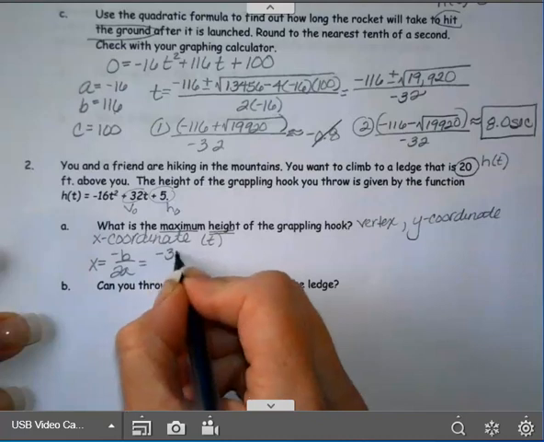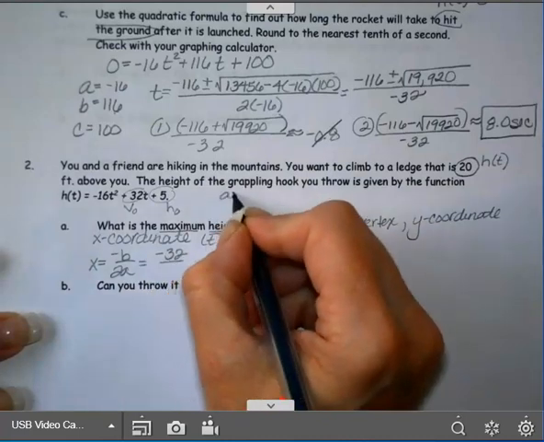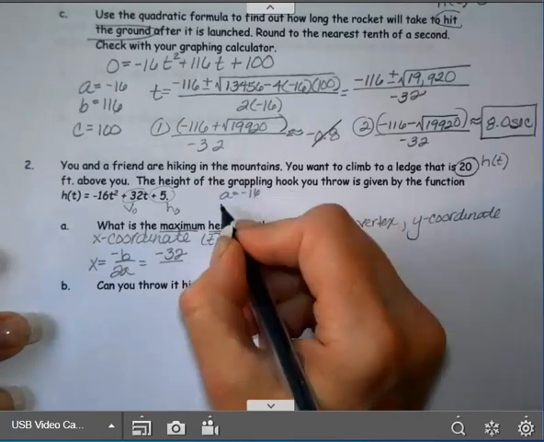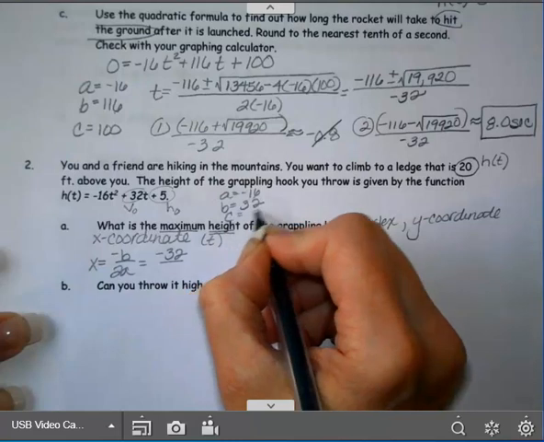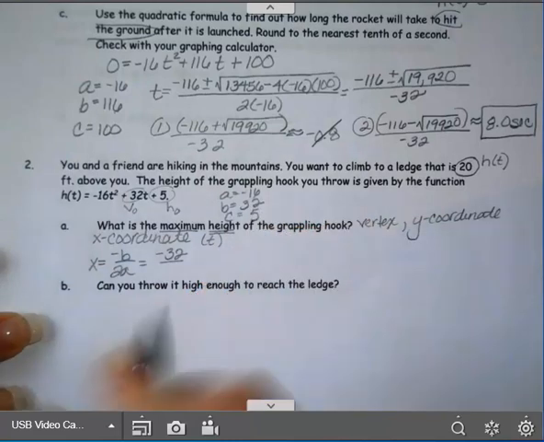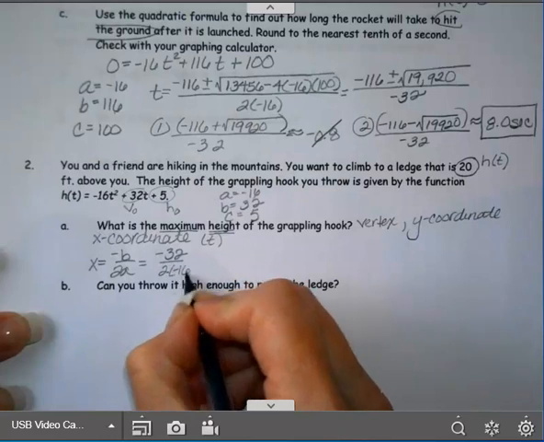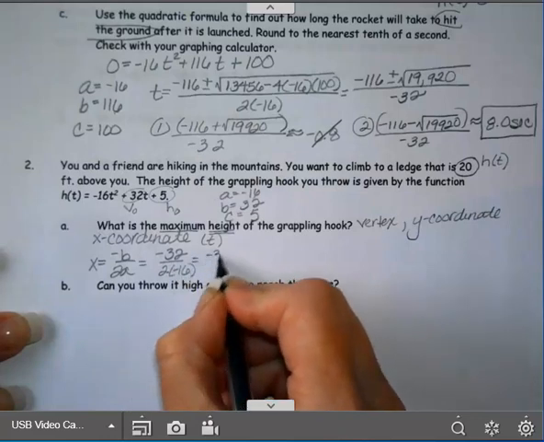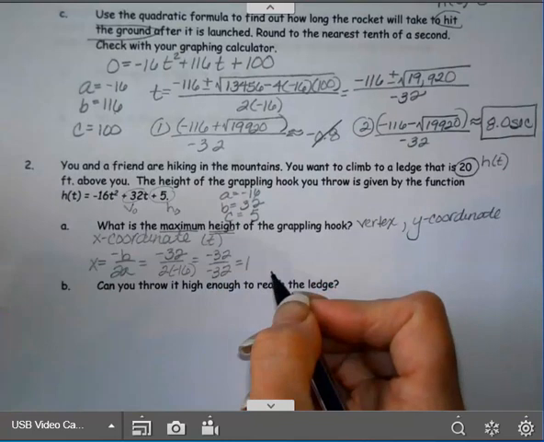That's going to be negative 32. We can write our a, b, and c here. So a was negative 16, b was 32, and c is 5 in this case. So it's over 2 times a. So negative 32 over negative 32 is equal to 1.